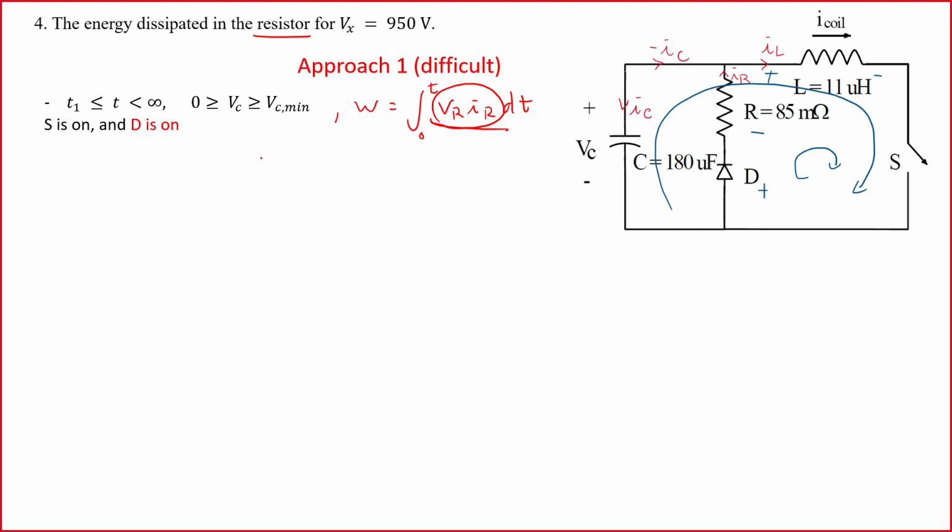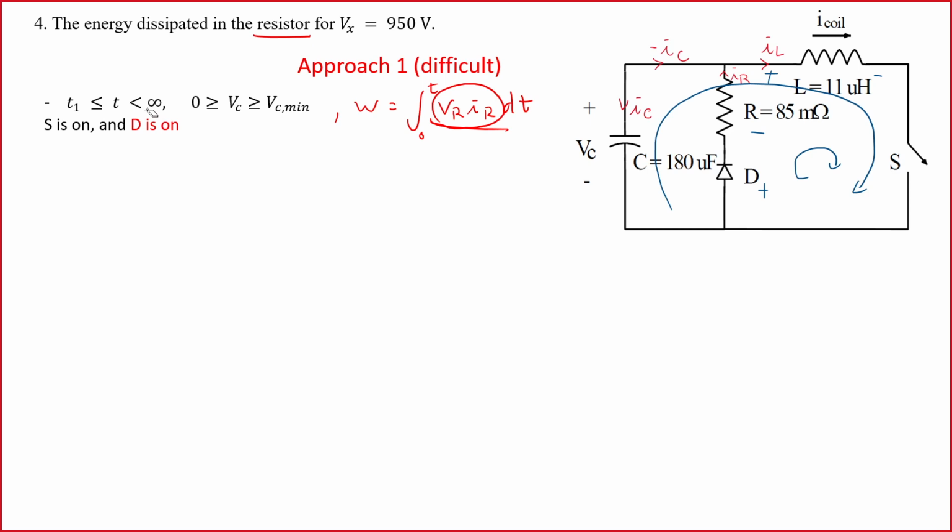Okay, so first let's think about the period of what happened when the energy discharged from the inductor going through the diode. So T is taken from T1 to infinity.